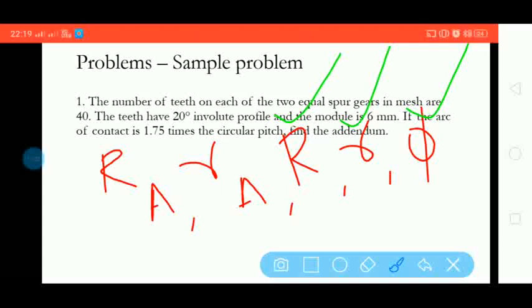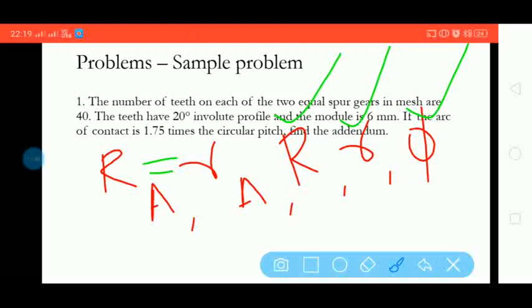But since the number of teeth are equal, R and r are equal. Also module is equal. So what we can say, capital RA and small ra will be equal. Now you substitute all the known values, and this RA equal to ra definition also put in your equation.